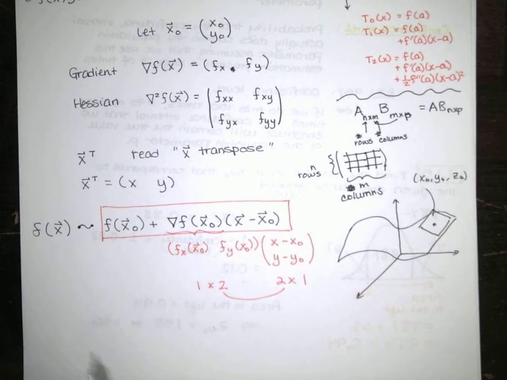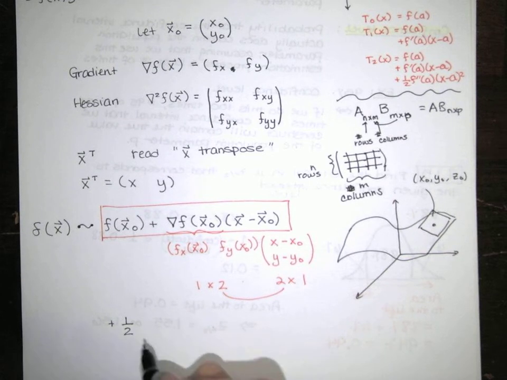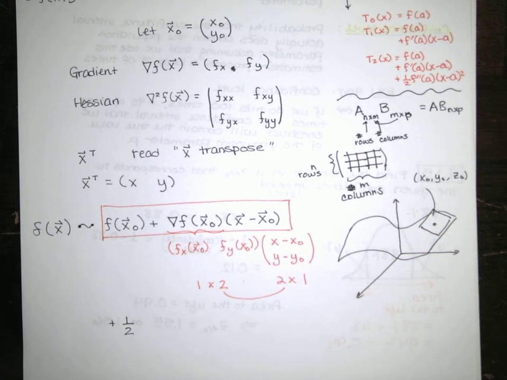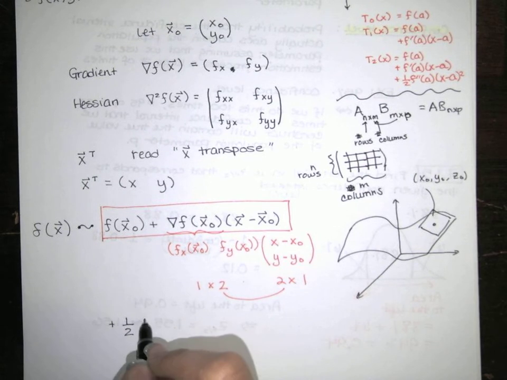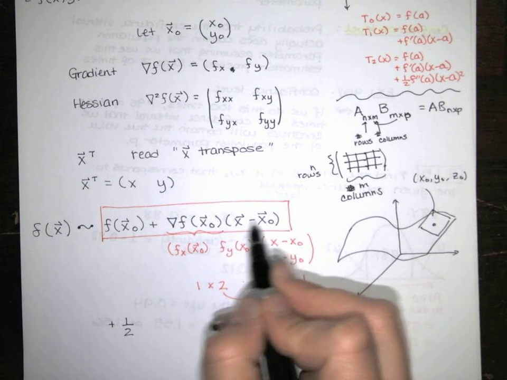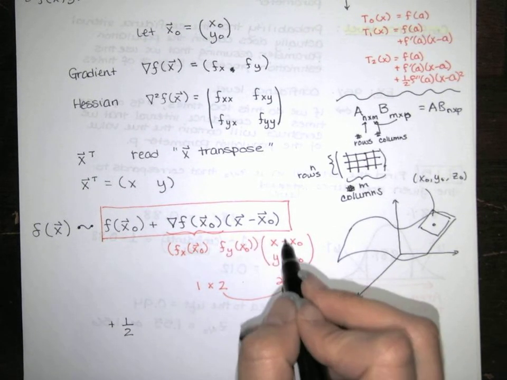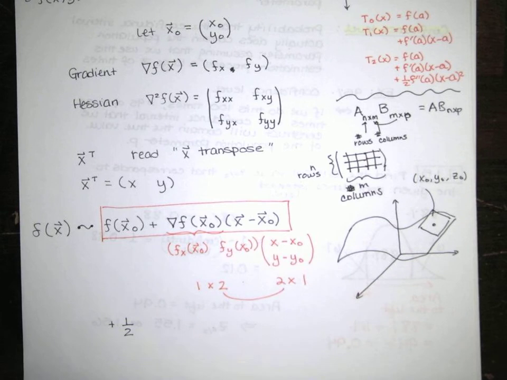So we've got this, and we're going to add 1/2 still times the following. It's going to be this x minus x naught, but instead of being a column vector, it's going to be a row vector.